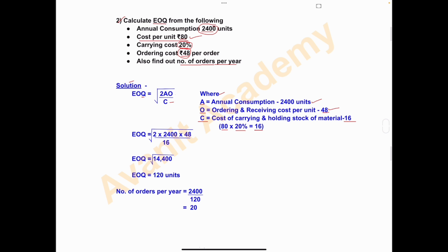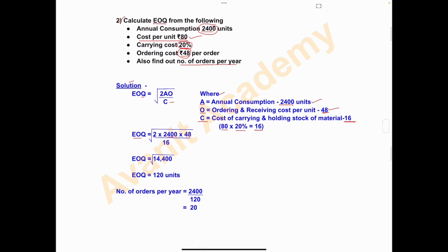So A you have to take 2,400 units, O 48, C rupees 16. Now we have got all the values. Start the solution. EOQ is equal to root, right, 2 as it is into A value is 2,400.